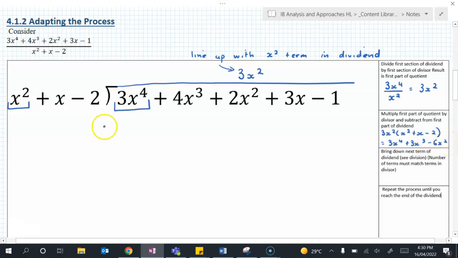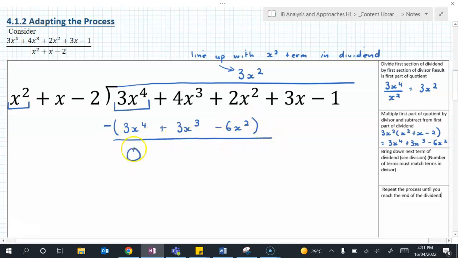Okay, so I'm going to subtract it from this first part of the dividend, and it's the first three terms. So 3x to the power of 4 plus 3x to the power of 3 take 6x squared. And when I subtract that, the first thing I get is 0. But if you think about it, I've set it up so I get 0.